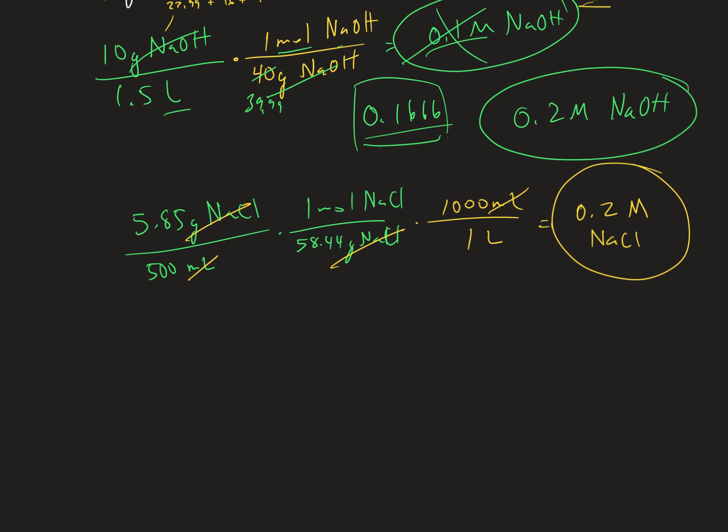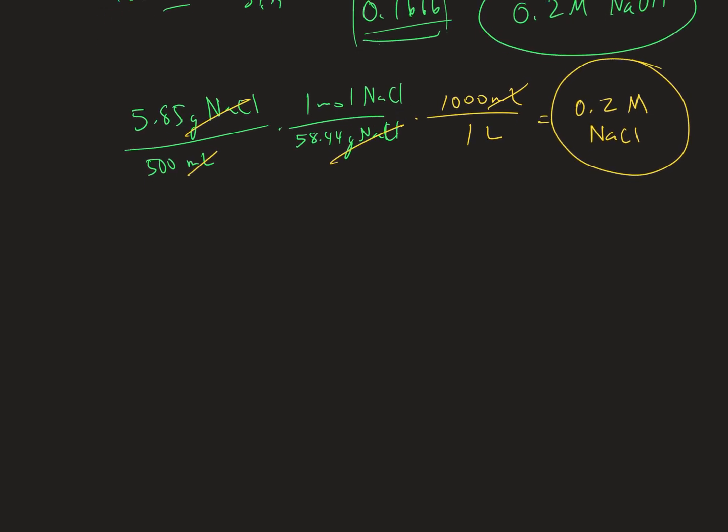What other ones did I make a mistake on? The first one in section 3? I see how you did that, Professor. When I typed it in exactly like the way you did, I got 684 molarity. I did 5.85 divided by 500 divided by 58.44 times 1,000.